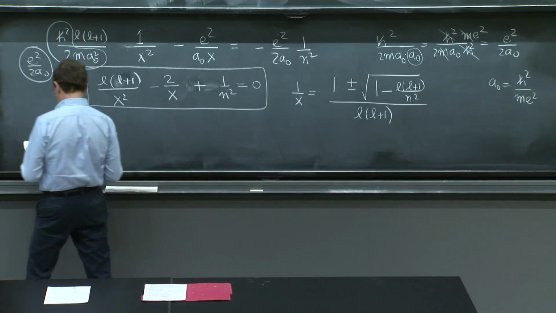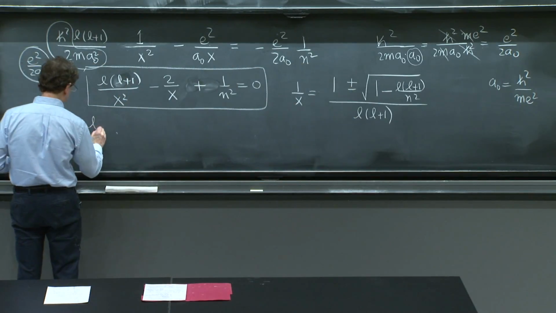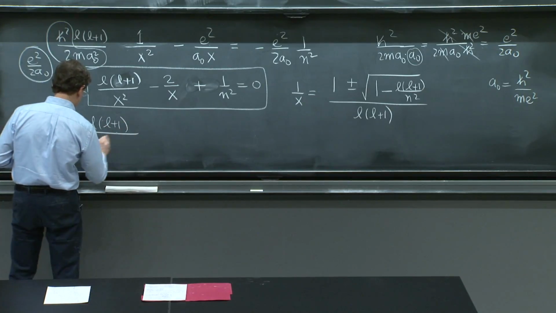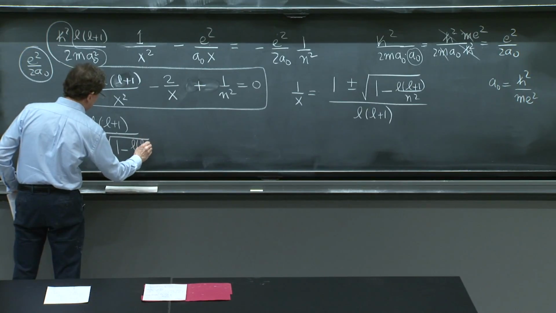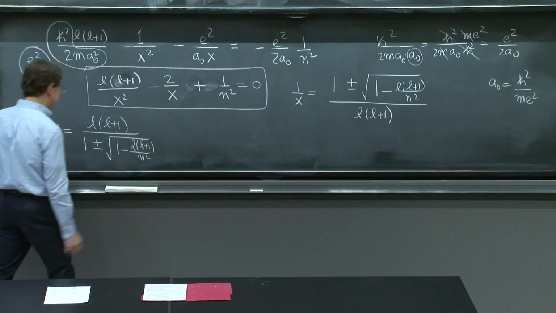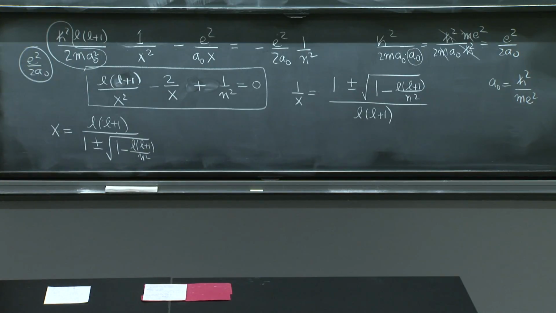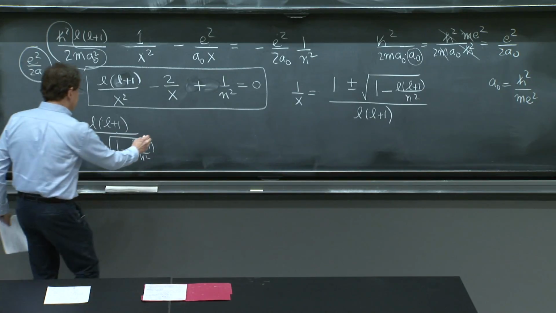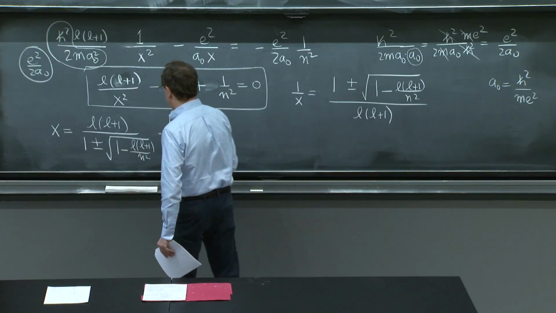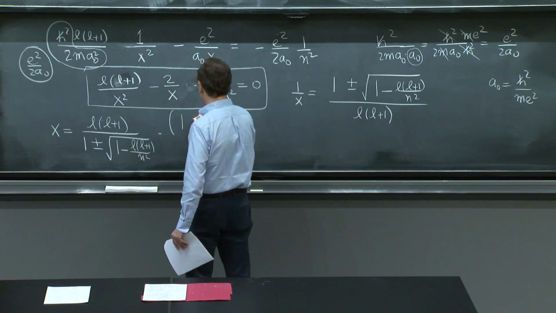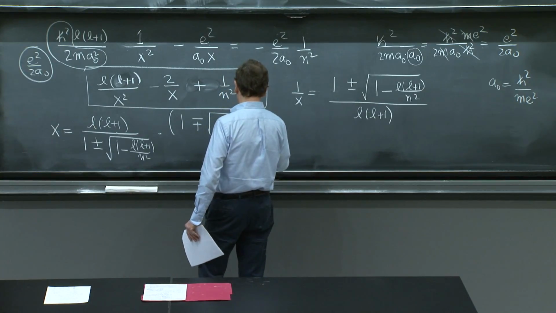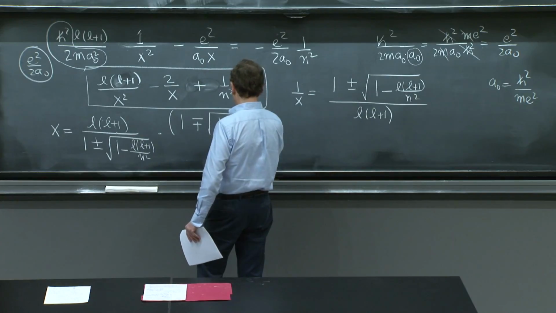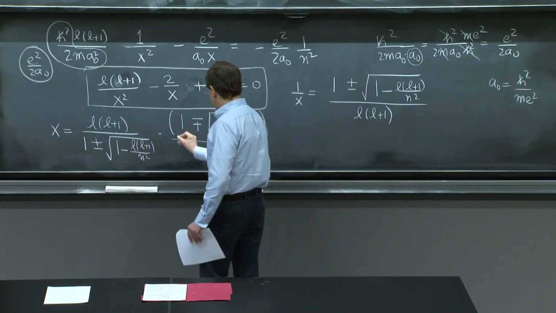So then you invert it. So x is now L(L+1) over 1 plus minus square root of 1 minus L(L+1) over n squared. And we multiply by the opposite factor to clear the square root. So 1 minus plus square root of 1 minus L(L+1) over n squared, and the same factor here.